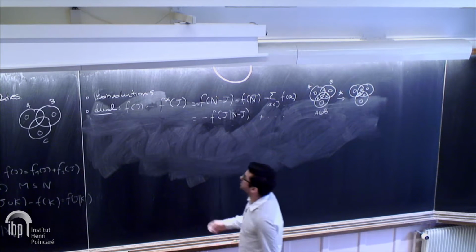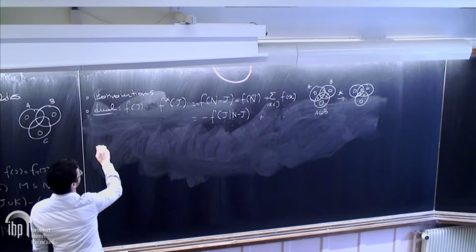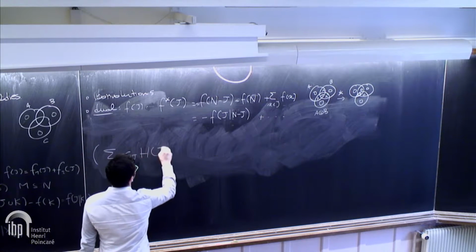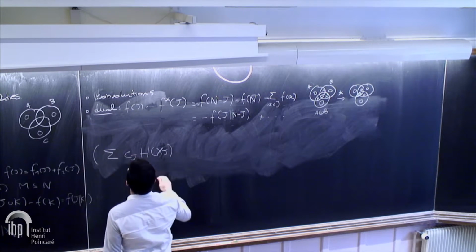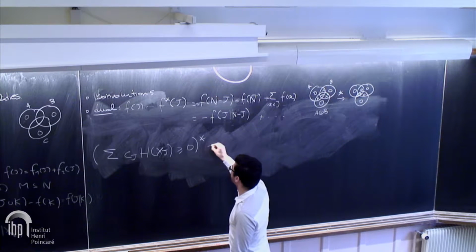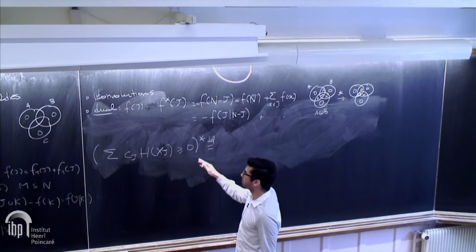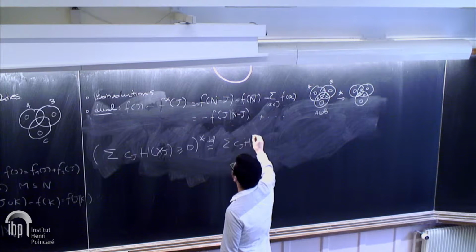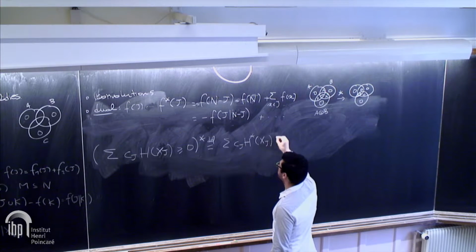So what I want to define is a dual operator that will take an inequality, and by definition will act linearly on this inequality and transform it into H star of X_J.